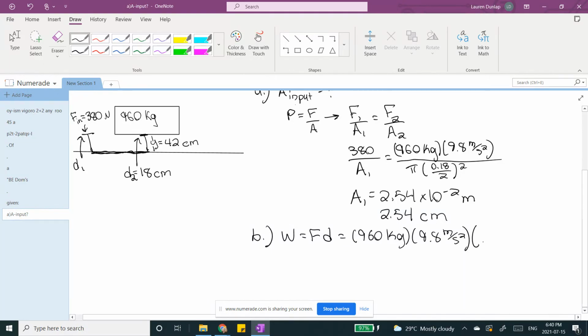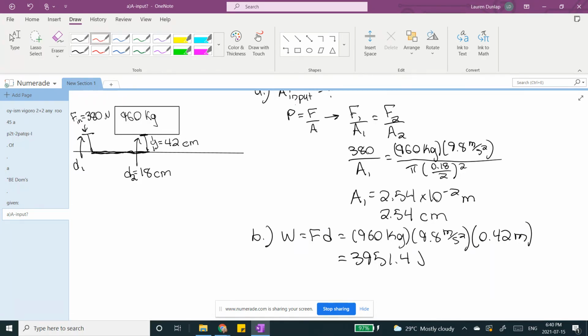And that's going to be multiplied by 0.42 meters, because we want to keep our units the same, so we've converted centimeters to meters. And we plug this into our calculator, and we'll get 3951.4 joules.